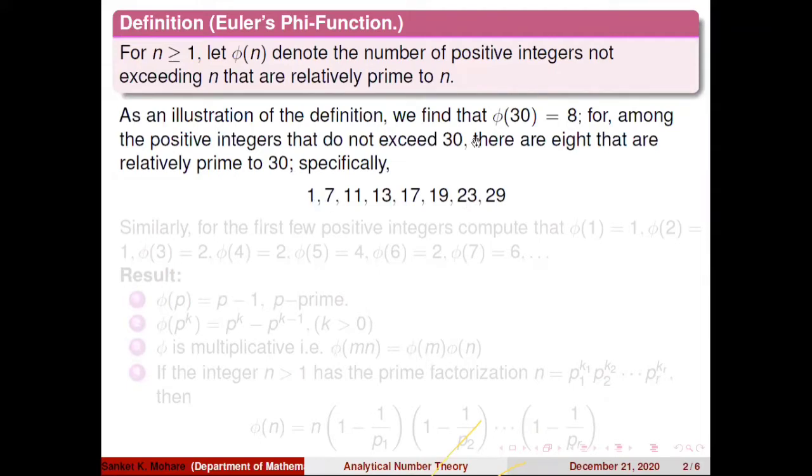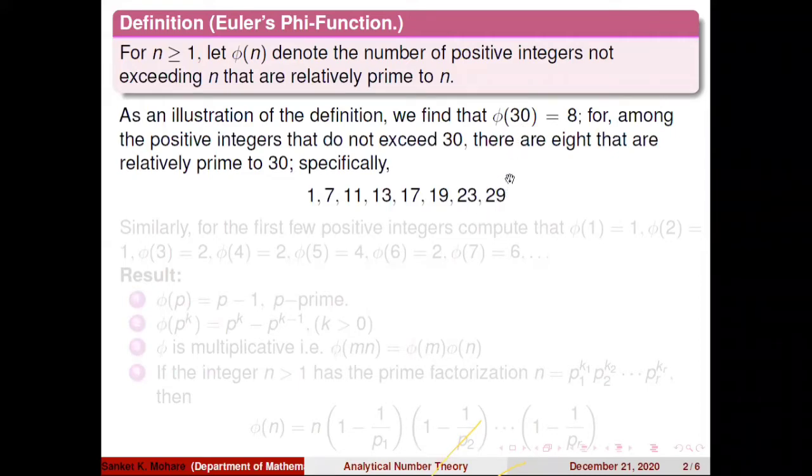So the GCD of 1 with 30 is what? The greatest common divisor of 1 and 30 is 1. Again, the greatest common divisor of 7 and 30 is 1. Again, the greatest common divisor of 11 and 30 is 1. Similarly, the GCD of 13 and 30 is 1, the GCD of 17 and 30 is 1, the GCD of 19 and 30 is 1, and the GCD of 23 and 30 is 1.